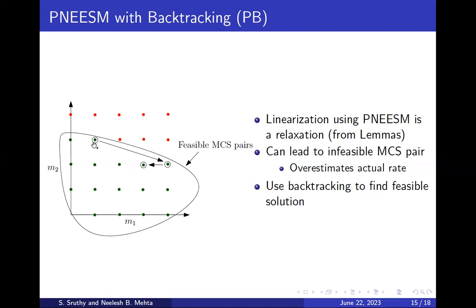If it is feasible, then we are done. Otherwise, we go for the next highest weighted sum rate MCS pair and check its feasibility using the barrier function based method. If it is feasible, then we are done. Otherwise, we repeat these steps till we end up with a feasible solution. And this is called P and EESM with backtracking, PB.